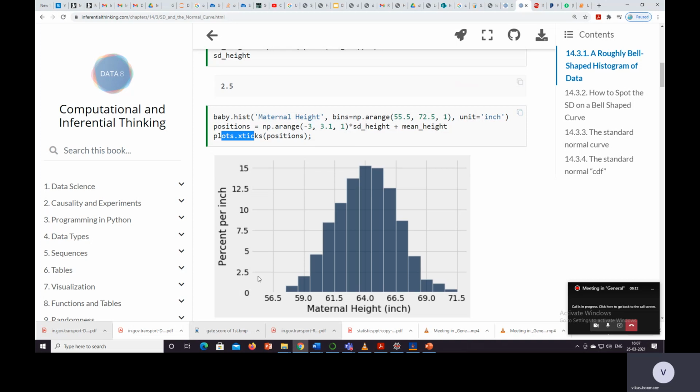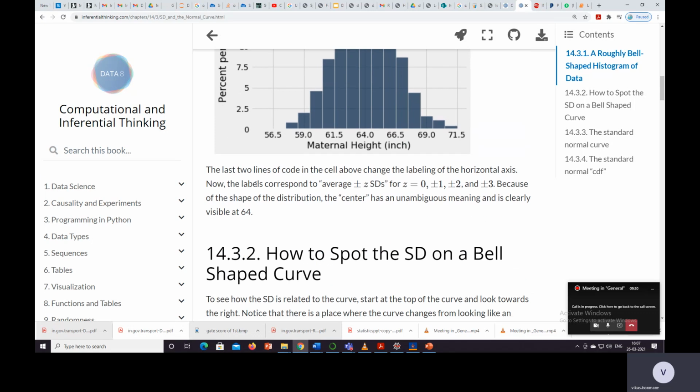So whatever numbers we compute through these positions, that we will plot on the x-axis. Okay, so plot x-ticks. x-ticks is 56.5, 59, 61.5. So these are some calculations. The last two lines of the code in the cell above change the labeling of the horizontal axis.